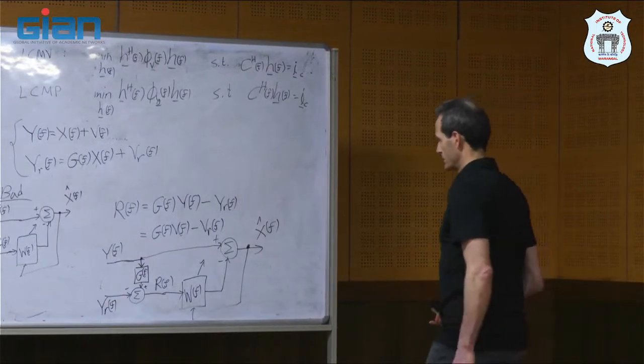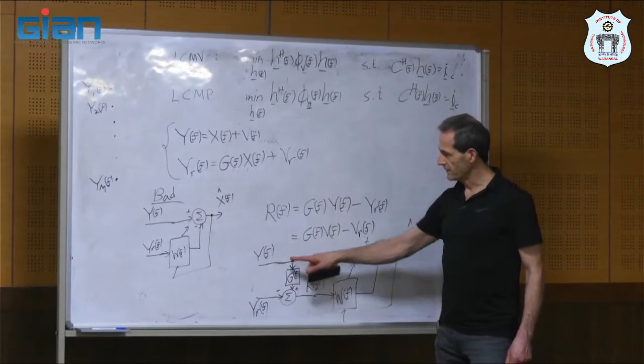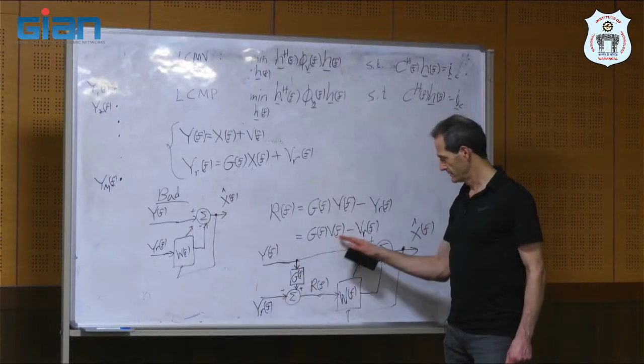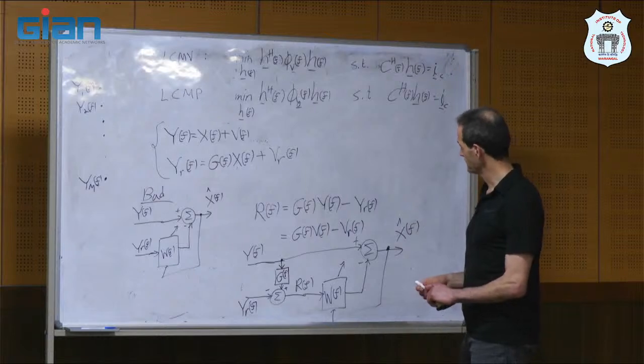Now, to produce R from the two channels, we can write it like this, you see?